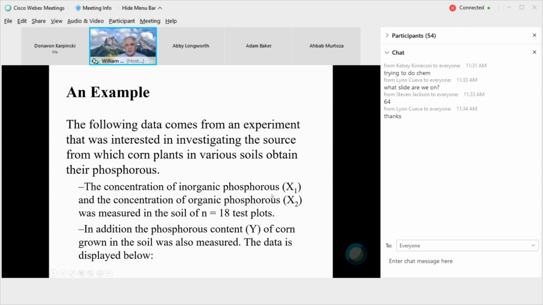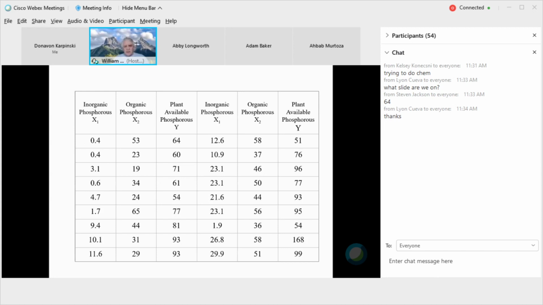These were measured on 18 test plots: the amount of inorganic phosphorus, X1, the amount of organic phosphorus, X2, and the amount of phosphorus that resulted in the plants that were growing there. There's the data for the 18 test plots.